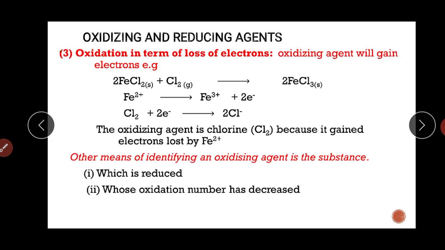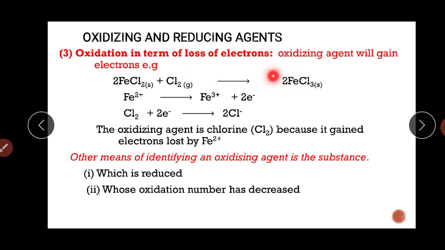Just like when we have this case here, the oxidation number of chlorine has decreased. Sorry, I was saying increase. This one decreased because iron increases here, from iron 2 to iron 3, but chlorine goes from 0 to a negative number. That's exactly what happened.